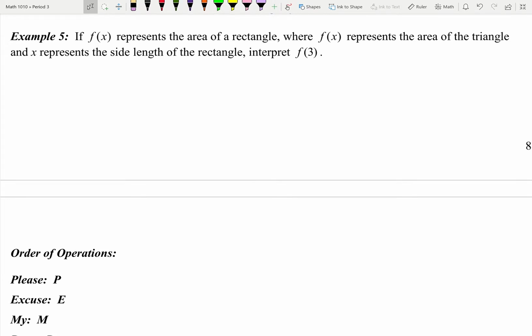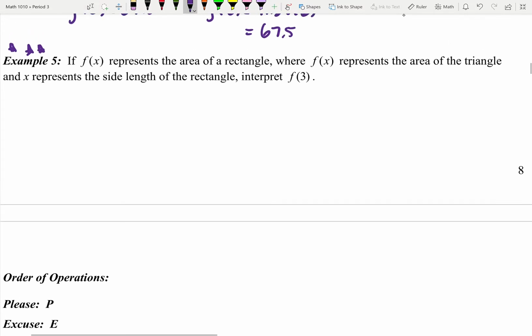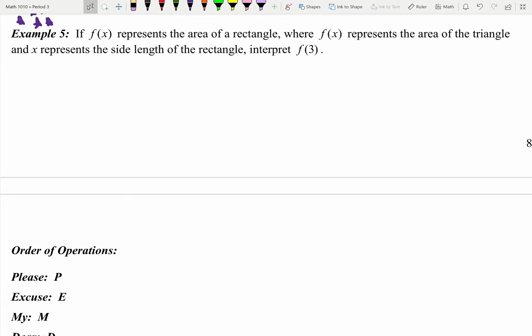Okay, look right here. If f of x represents the area of a rectangle, put a star by this. This is kind of a strange question, and it came up on the midterm or the final. And I'm just telling you that I don't really love it. So anyway, f of x represents the area of a rectangle, where f of x is the area and x is the side length. Let's write that down.